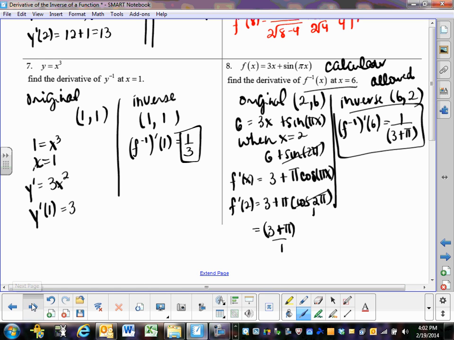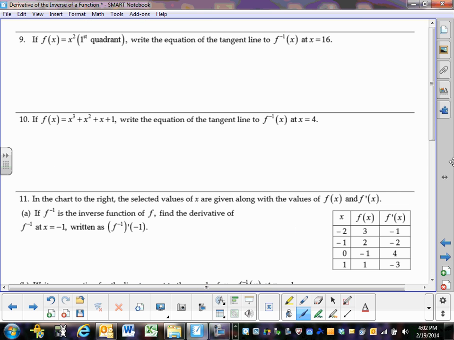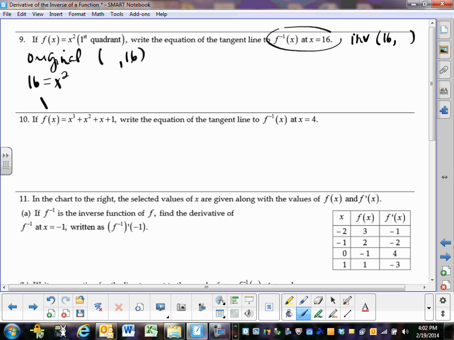So 6 equals 3x plus the sine of pi x when x is 2, because we would have 6 plus sine of 2 pi, which is 0. So that means I have the point (2, 6) on the original, so (6, 2) on the inverse.